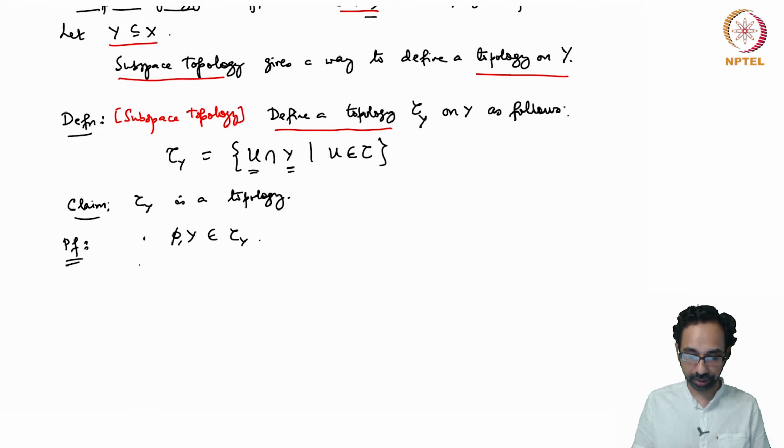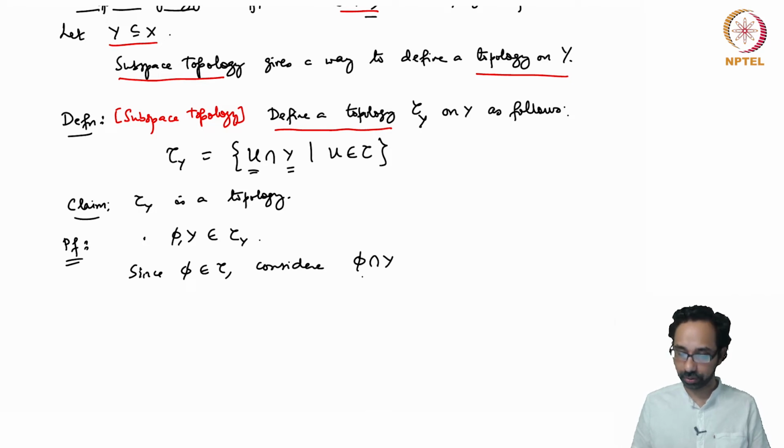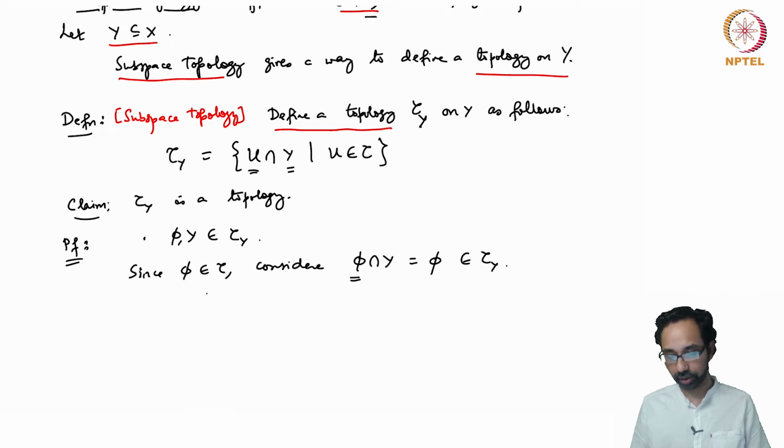Since the empty set belongs to tau, we can consider phi intersection Y, and we know that the intersection of any set with the empty set is the empty set itself, and so this is in the collection tau Y, because we are taking intersections of open sets in X, in tau, with the set Y. So the empty set belongs to tau Y.